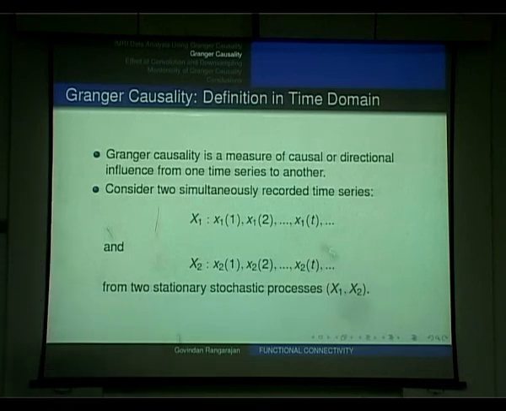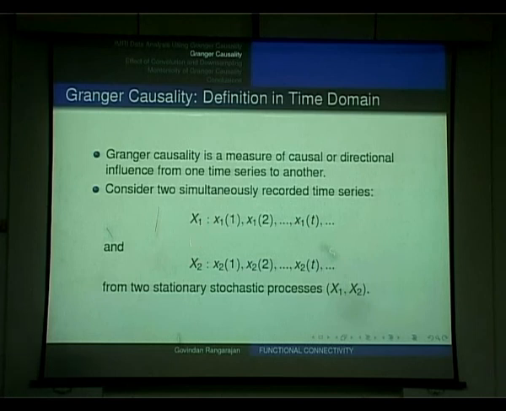So the basic setting is this. You have two recordings of data. In our context, you could think of it as recordings from two different regions of the brain. So it could be LFP recordings from two different electrodes, or in the fMRI case, it could be recordings you have from, say, two regions of interest.